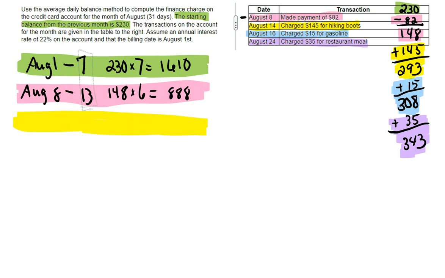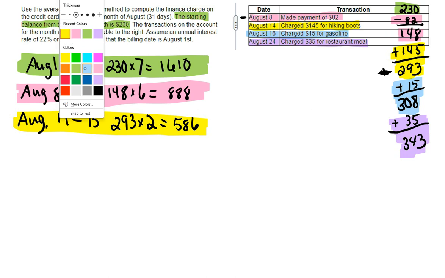And that is from August 14th until the 15th. That's only 2 days. And in yellow, my new balance is here, 293. For 2 days, 293 for 2 days is 586.